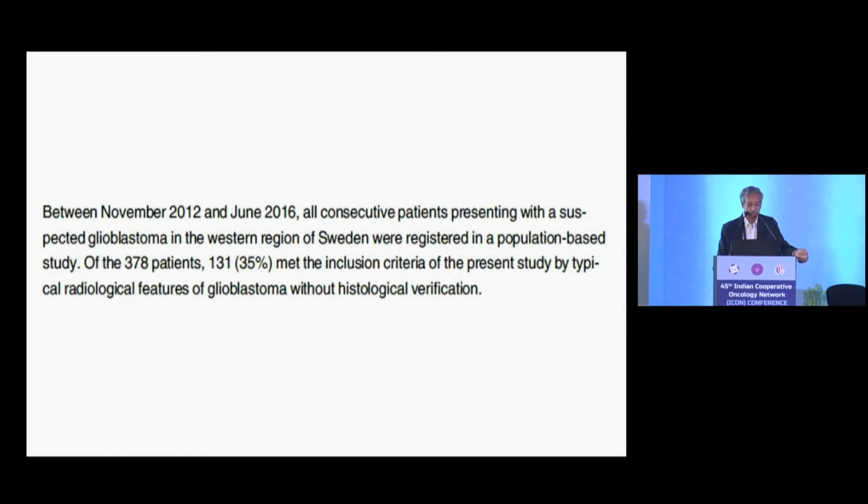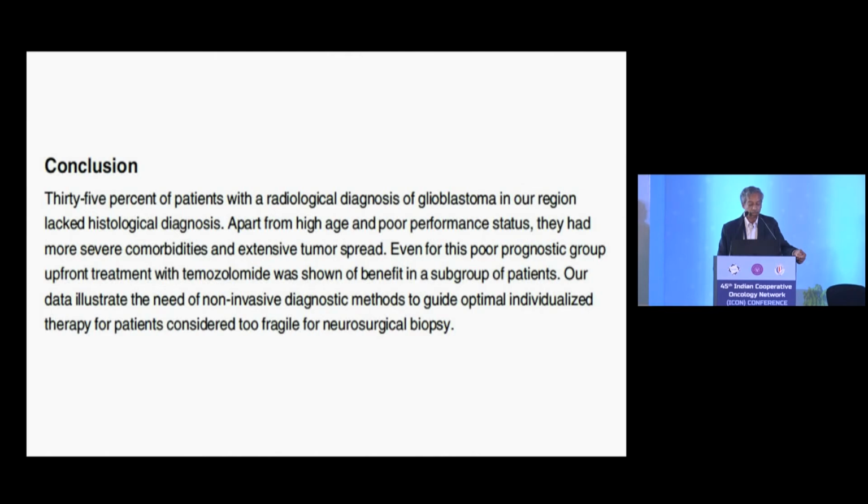And this is, as I told you, a population-based study. Of the 378, 131, that is 35%, met the inclusion criteria for the present study, and they were treated without histological verification. The conclusion was that apart from high age and poor performance status, they had more severe comorbidities and extensive tumor spread. Even for this poor prognostic group, upfront treatment with temozolomide showed benefit.